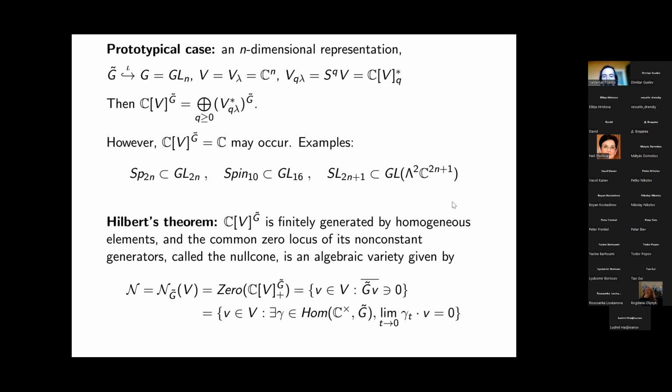This is also called the unstable locus or null cone. If V is the Lie algebra of G tilde, then these are exactly the nilpotent elements. Hence the name null cone, or because they all sort of get together at zero. So this is somewhat natural because the homogeneous elements all vanish at zero. In particular, so do the homogeneous invariants.